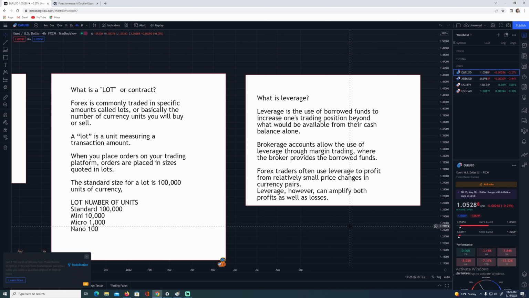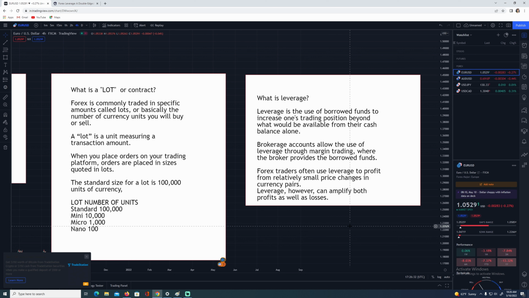Now, they're saying they're giving you up to 1 to 50, but different pairs have different margins. So basically my margin in that transaction that I just explained was 2%. I only need to have 2% of the whole amount that I wish to be trading to place that order. Different pairs have different margins.